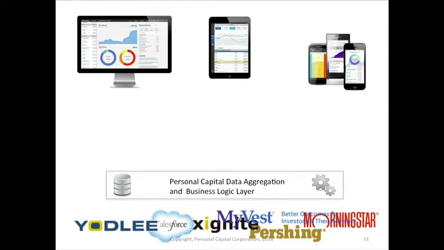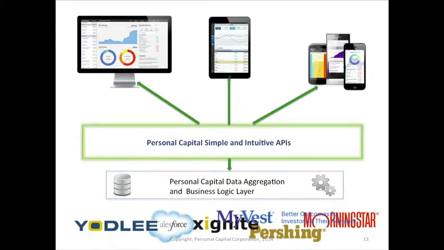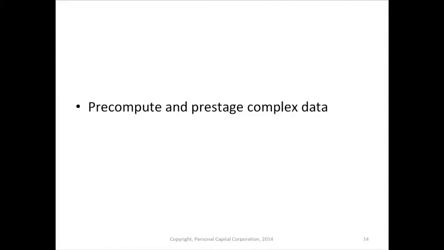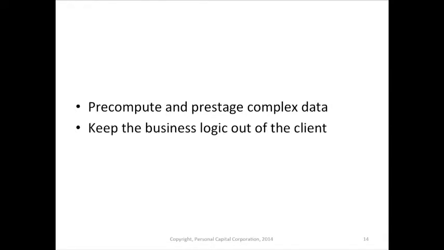Very quickly, we learned that to power multiple clients, we absolutely need a simple and intuitive API layer. How did we do it? We followed 2 simple rules. Number 1, pre-compute and pre-stage complex data for fast API responses. Number 2, keep the business logic out of the client code to enforce business and data uniformity.